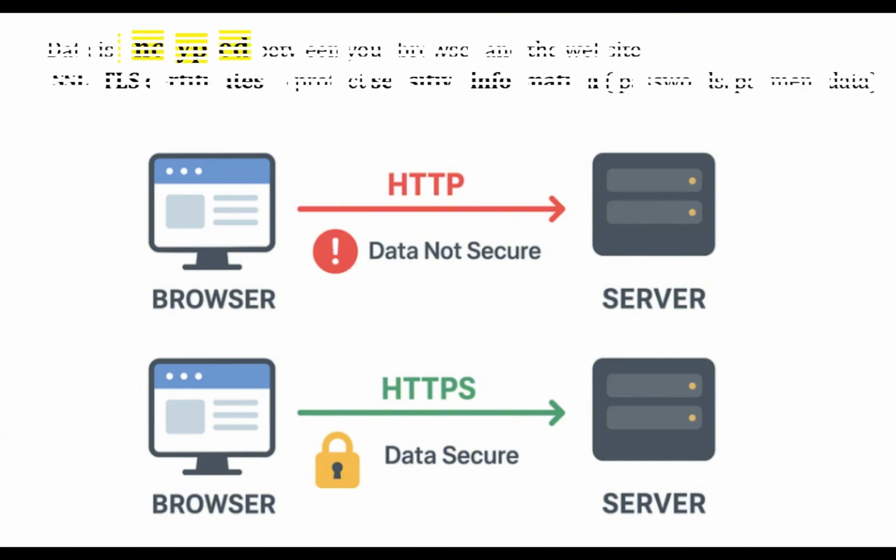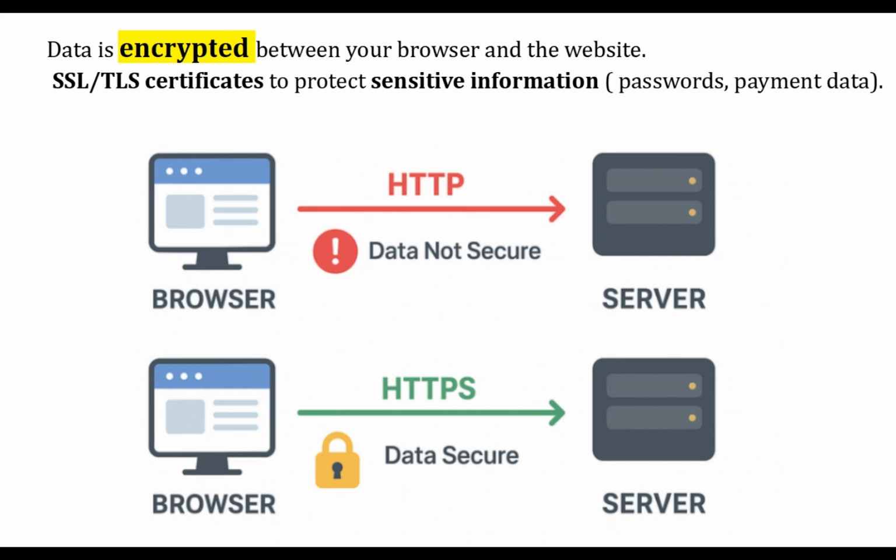And of course, HTTPS has encrypted data exchanged between the browser and the website. And of course, the protocol has SSL and TLS certificates to protect sensitive information such as passwords, payment systems, and other personal information.